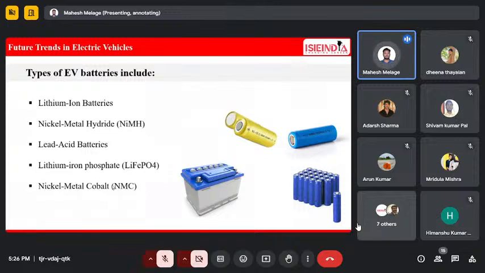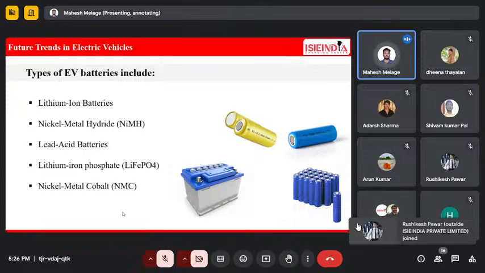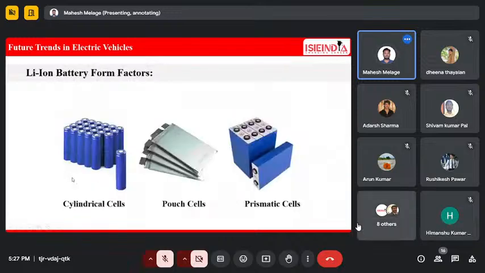These batteries use some different chemistries. Some nickel batteries are used for a longer life cycle. Nickel has high power density. Lithium has less power density. Depending upon their applications and properties, we use the battery. In the Indian market, we use lithium iron batteries.